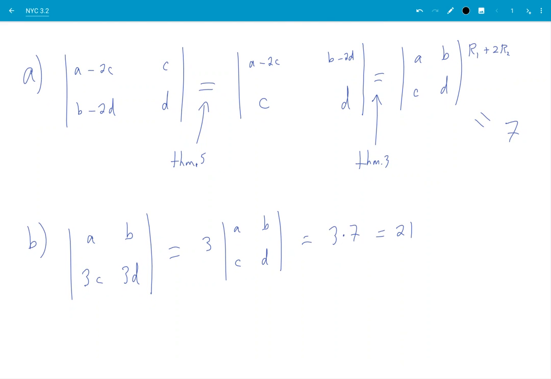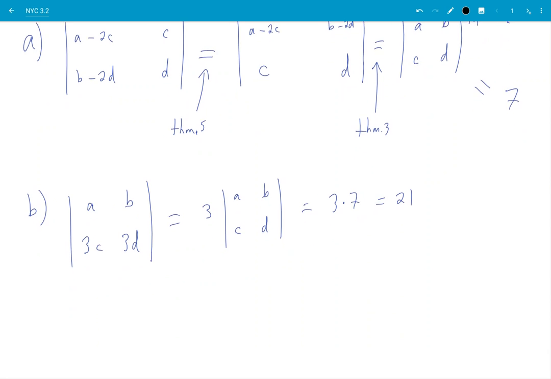Well, if you think about it, because the transpose does not change the determinant, and we have some ability to do row operations, okay, together, that means we can do column operations.